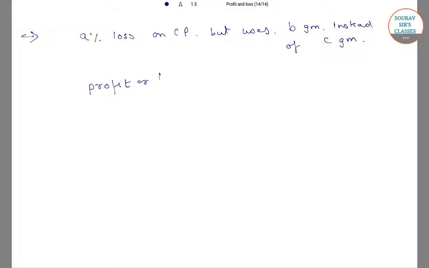The next formula is that suppose a shopkeeper sells his goods at A% loss on cost price but uses B grams of weight instead of C grams, then his percentage of profit or loss is given by the formula (100 minus A) into C by B minus 100%.